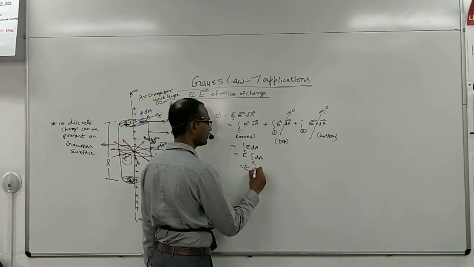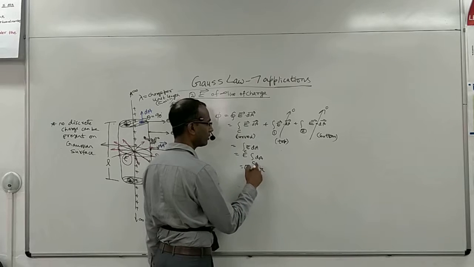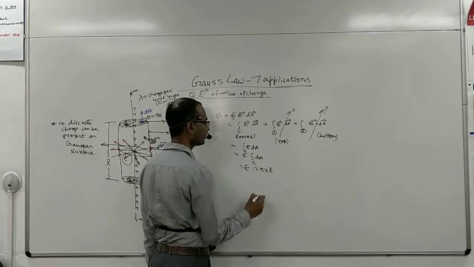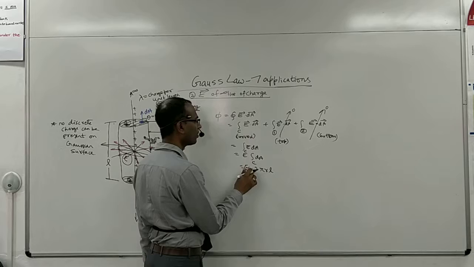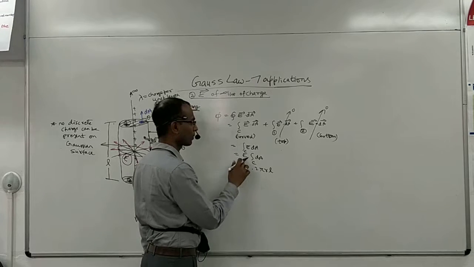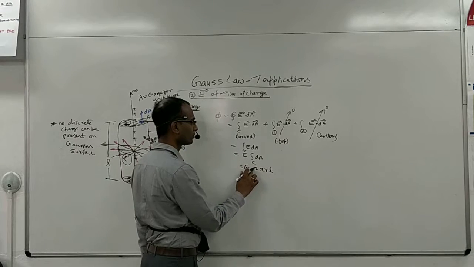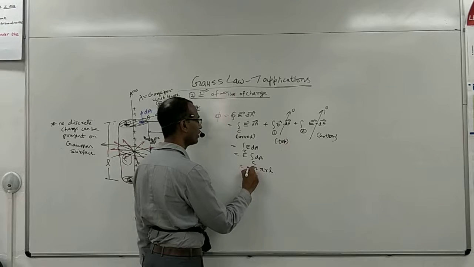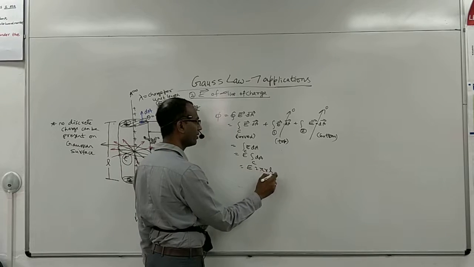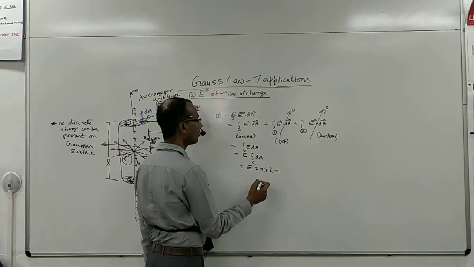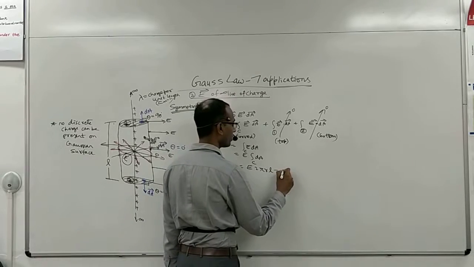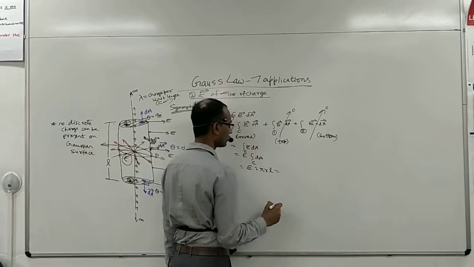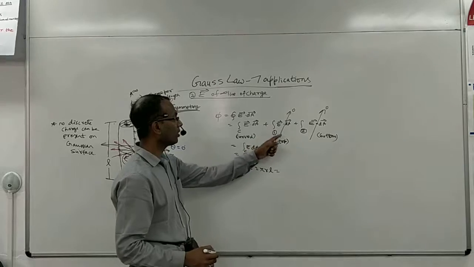So the total flux is: E is a constant, and the curved surface area is 2 pi r into L. E multiplied by 2 pi r L is equal to Q enclosed by epsilon naught, by Gauss law. The flux through the two flat ends is cancelled to zero.